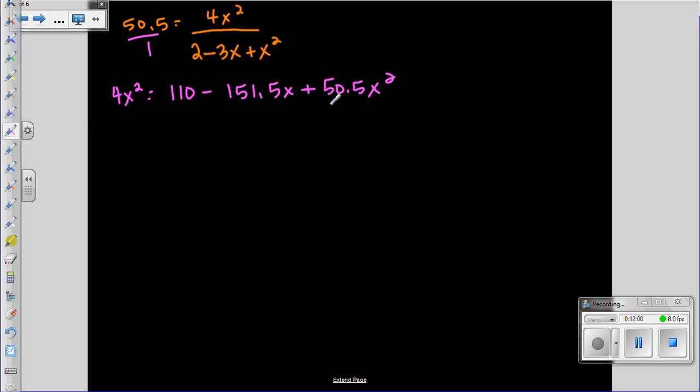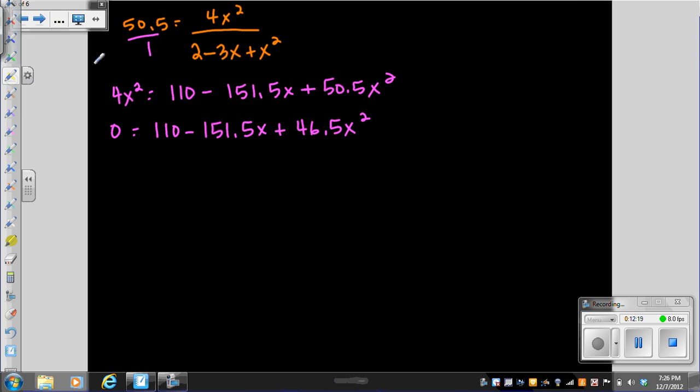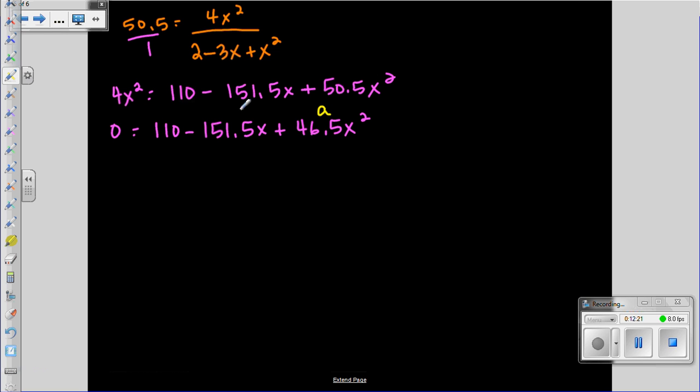I like my x squareds to be positive, so I'm going to subtract 4x squared from both sides. That'll give me 110 minus 151.5x plus 46.5x squared. Just as review, this is my A, this is my B, this is my C.